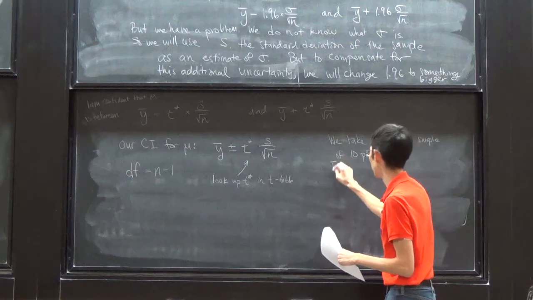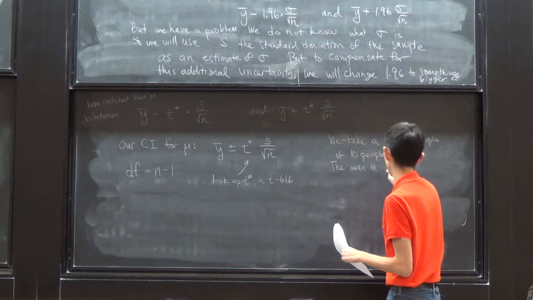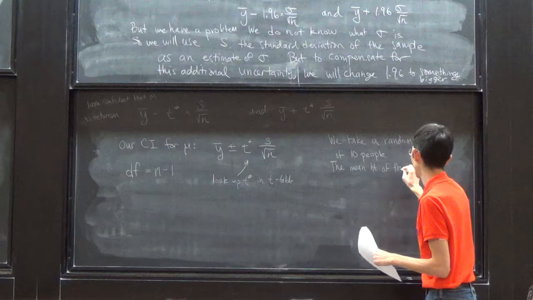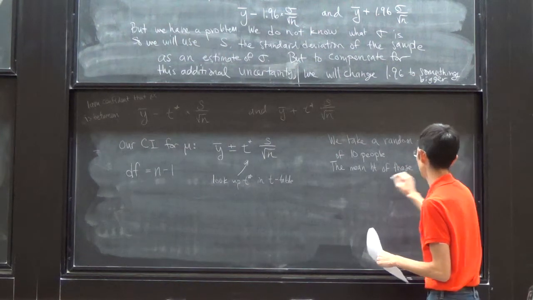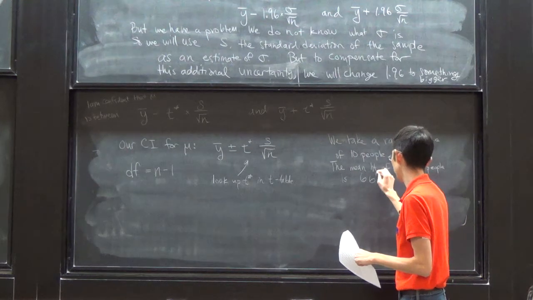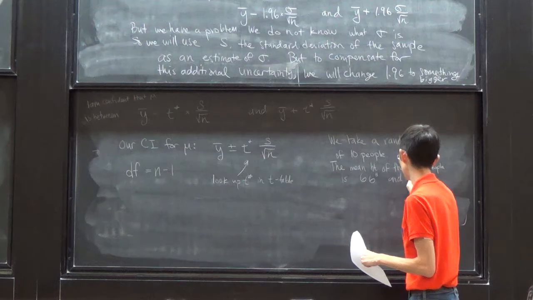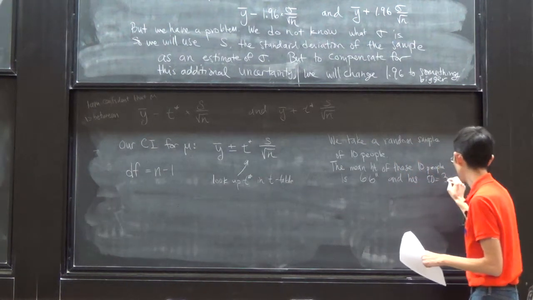Say the mean height of these 10 people is 66 inches and has standard deviation equal to 3.3 inches.